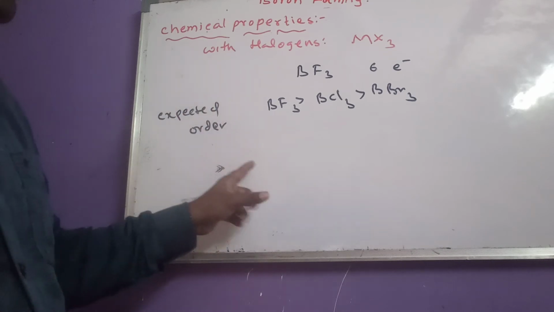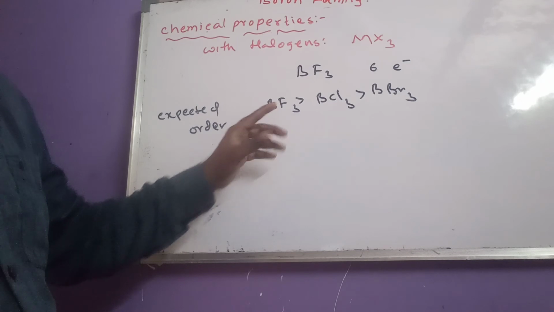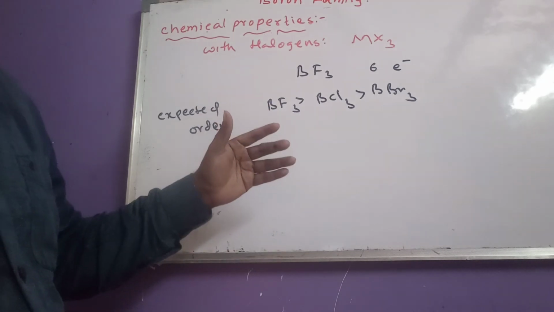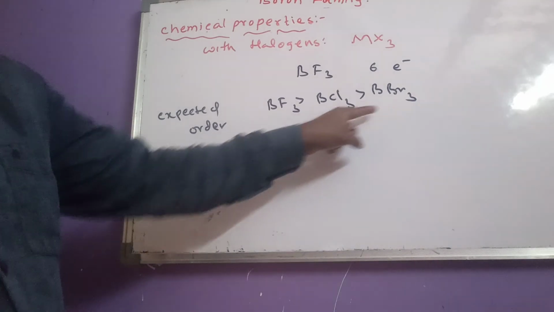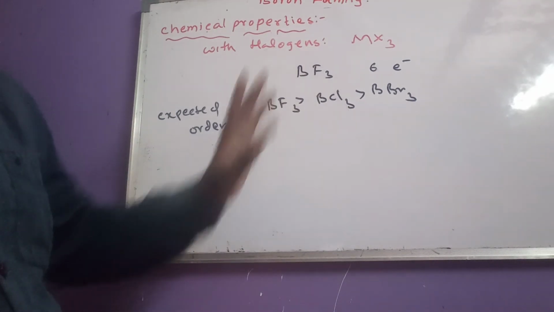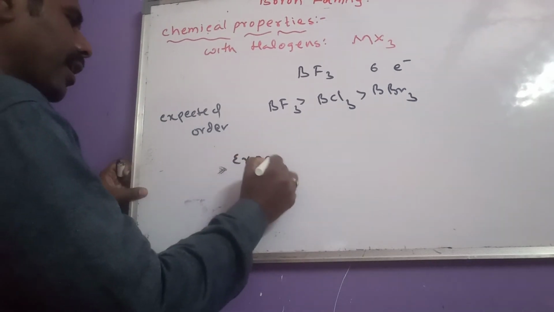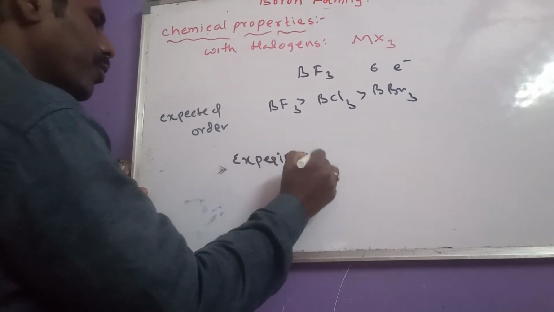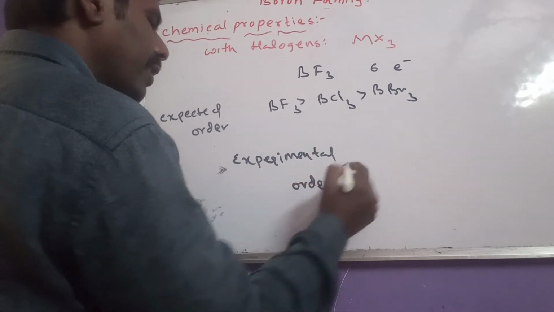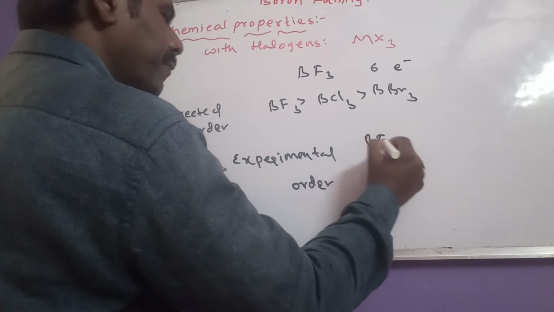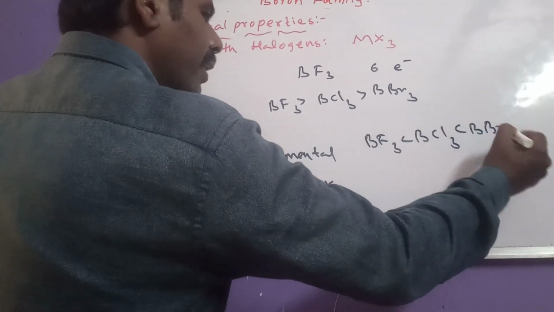That means, as per our expectation, boron trifluoride should accept a lone pair of electrons readily. So the expected acidic order is like this, but the experimental order is opposite to that. The experimental order is BF3 less than BCl3 less than BBr3.